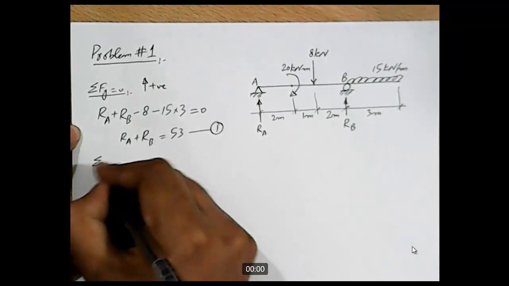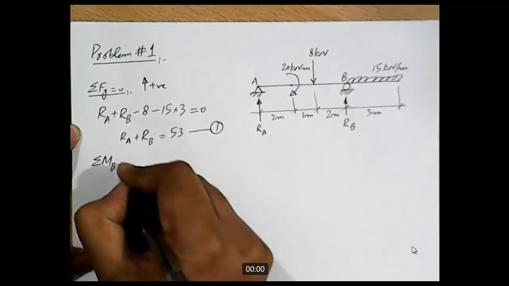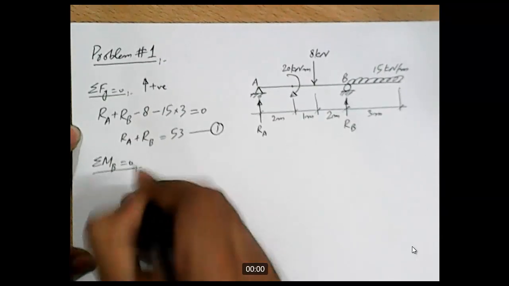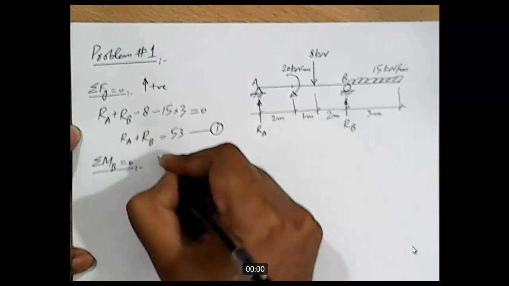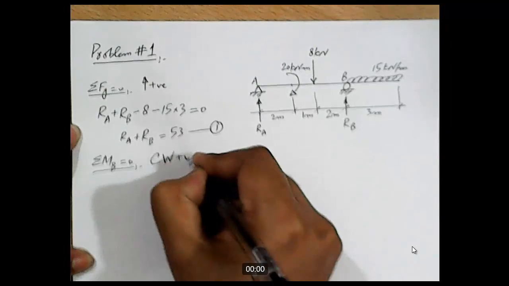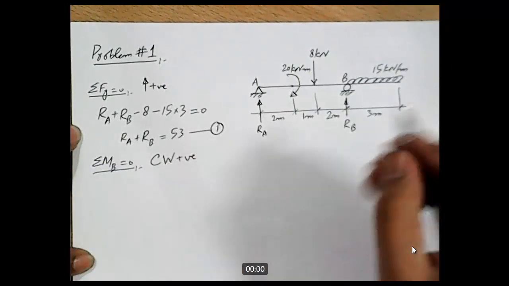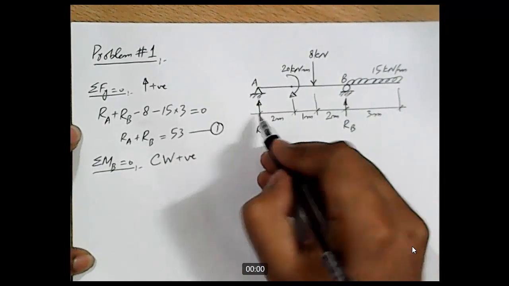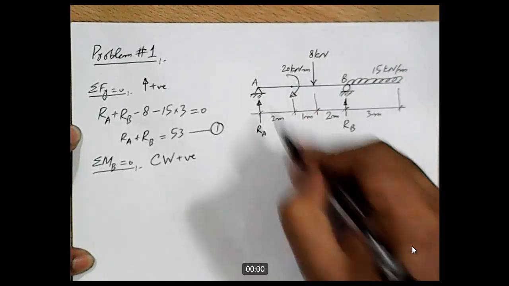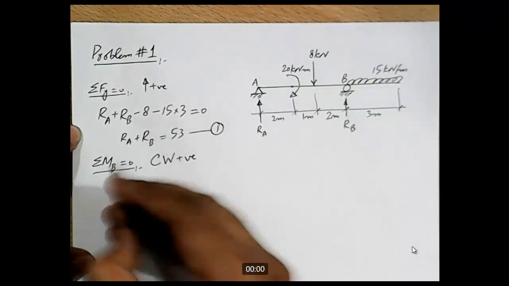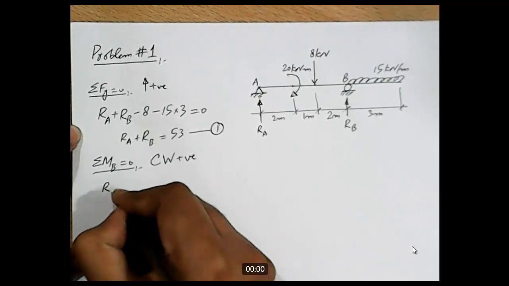The second condition, we may take sum of moments about point B equal to 0, and our convention is clockwise moment as positive. Let's start from this end. RA is producing clockwise moment about point B, so RA, the moment will be positive.